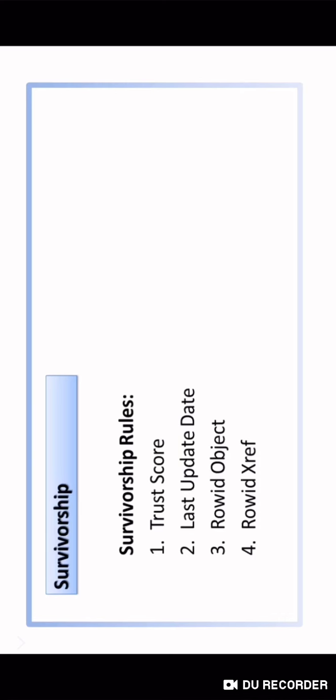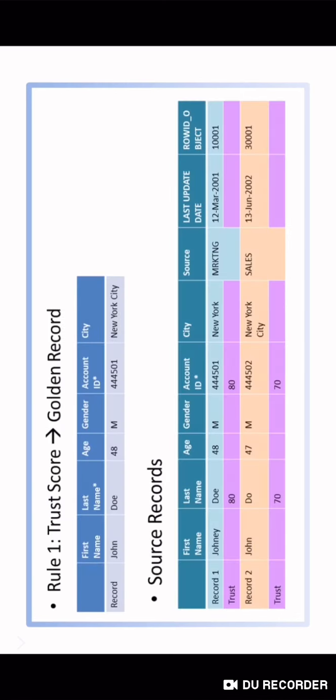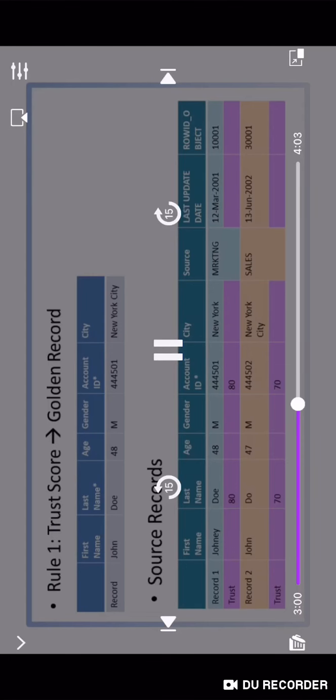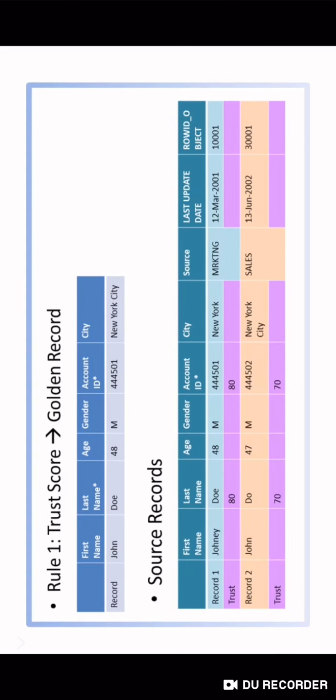Let's have an example of this trust rule. Let's have a look at rule number 1, that is trust score. On this screen, we can see there are two records, one from the marketing department and the second from the sales department. These records contain several attributes such as first name, last name, age, gender, account ID, and city. Out of all these attributes, last name and account ID are the trust-enabled columns.